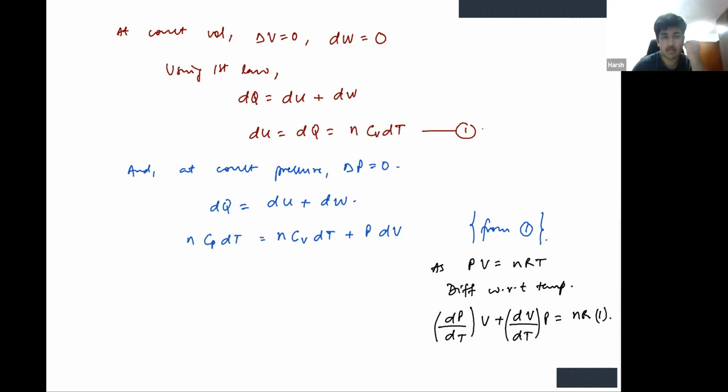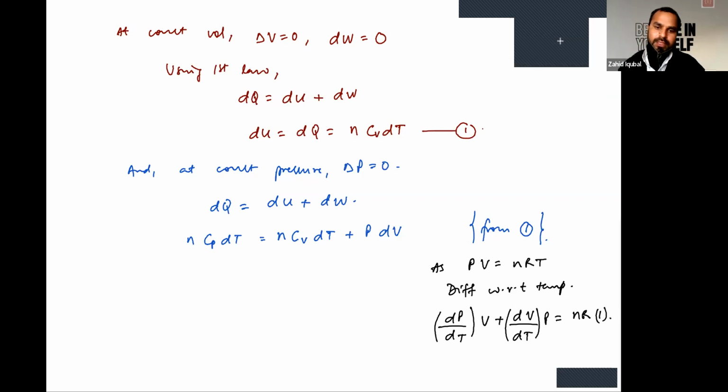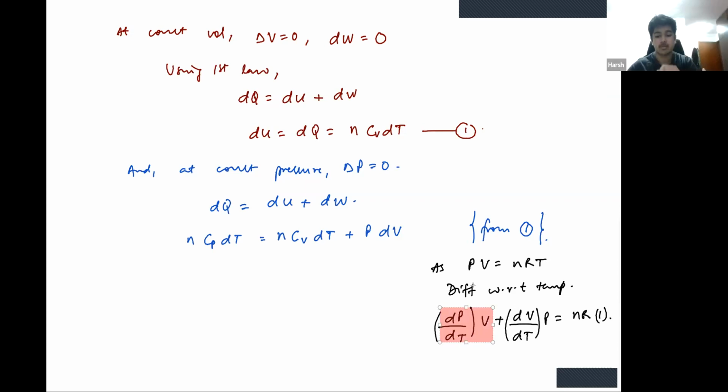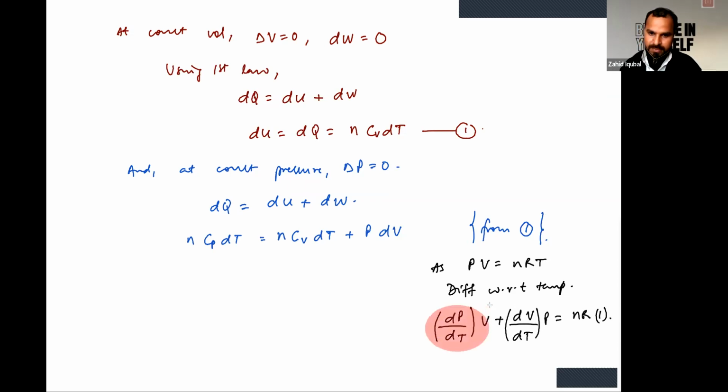Now in this process, we have constant pressure. So differentiation of any constant part will be 0. Is it clear? Yes, sir. So this entire term will be 0 in this part since pressure is constant. Just one minute.